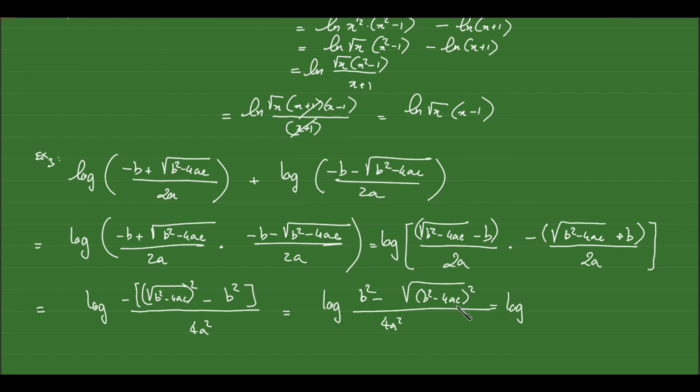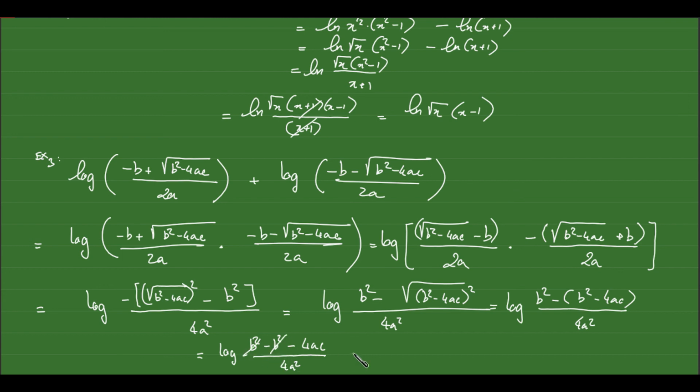So the square root of something squared gives you itself, so it gives you b squared minus 4ac over 4a squared. Now I distribute the minus in, so it gives you log base 10 of b squared minus b squared minus 4ac over 4a squared.